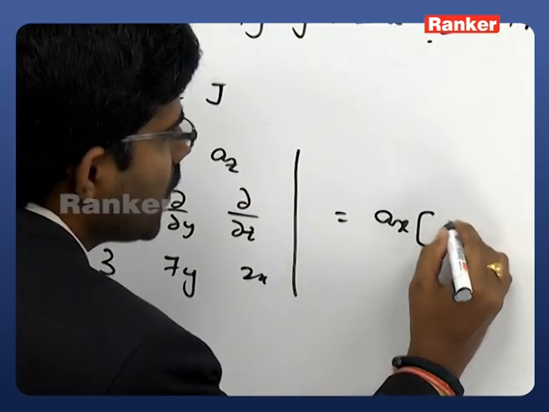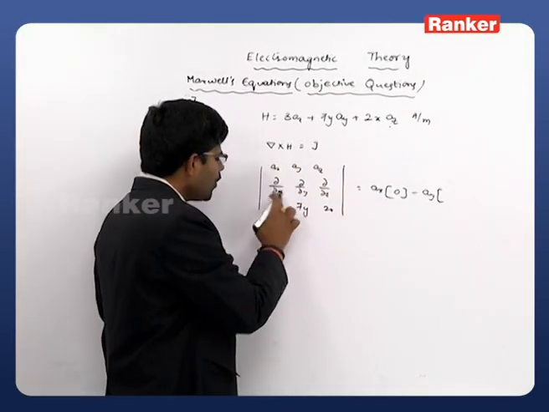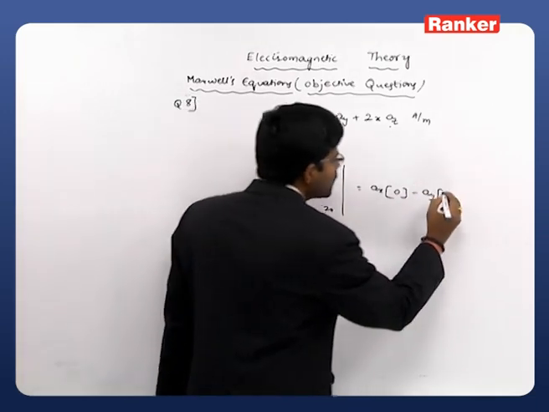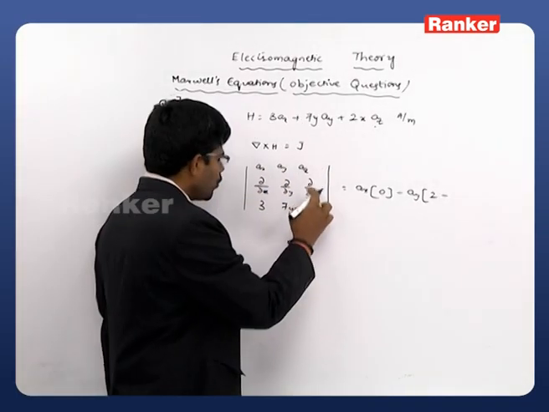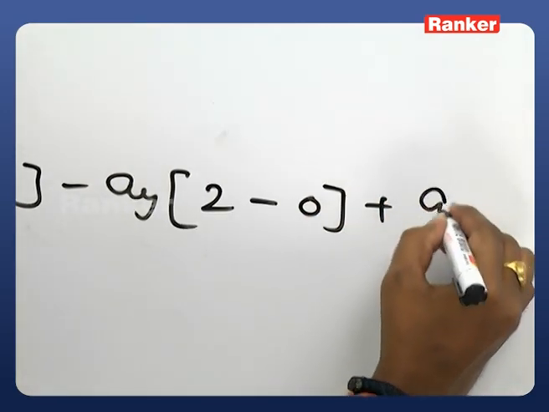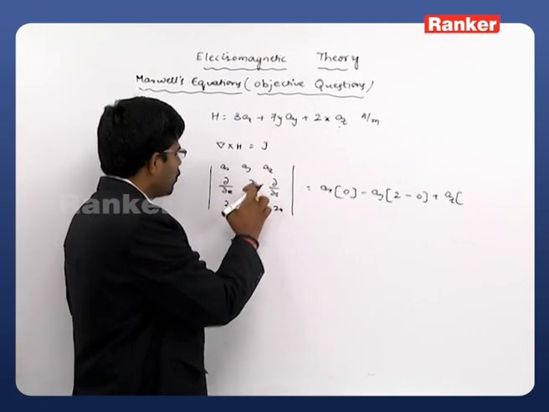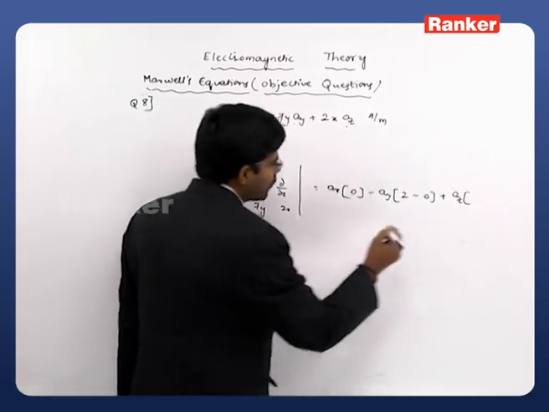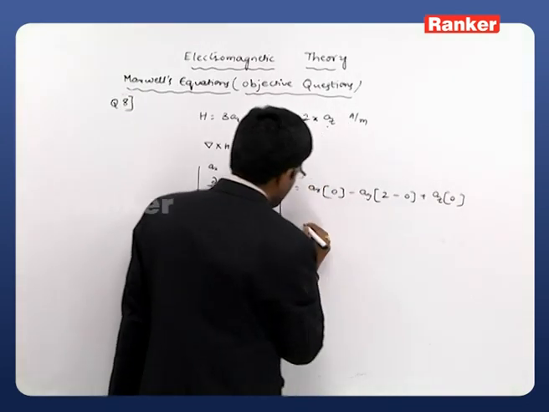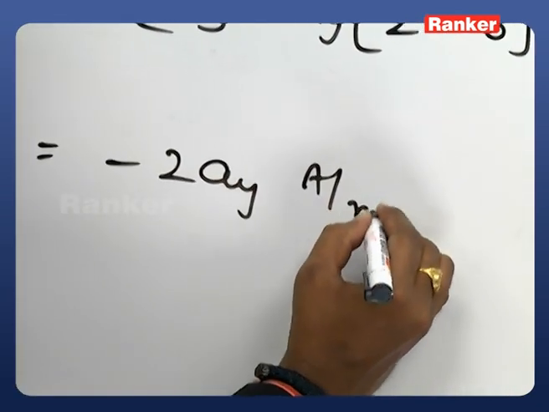So simply 0 minus 0, that is what we get. Minus AY, dou by dou X of 2X, that simply is 2, minus dou by dou Z of 3 constant, which equals 0, plus AZ into dou by dou X of 7Y, 0, minus dou by dou Y of 3, which is also 0. So simply it equals minus 2AY ampere per meter square.